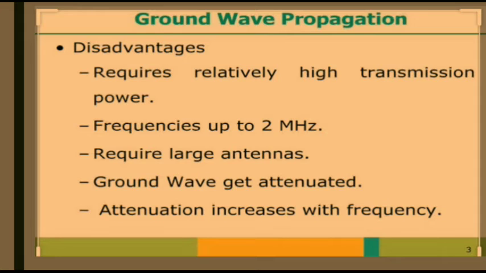And it requires large antennas. And the next one is that ground waves get attenuated, that is loss, and attenuation increases with the frequency. These are the disadvantages of ground wave propagation, right?